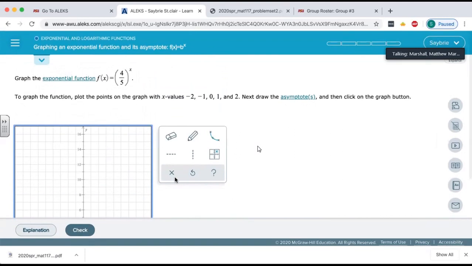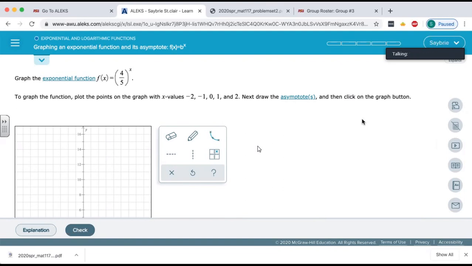Okay, what's the problem? So I would use your calculator. Oh, it's not letting you use a calculator. So you got to do 4/5 to the -2 power. And then using your phone, I guess you'd have to use your phone.